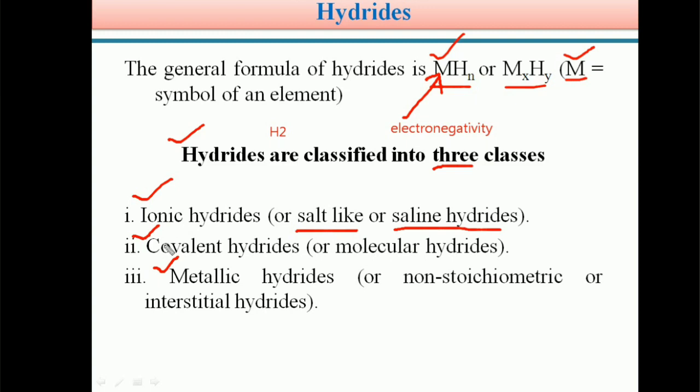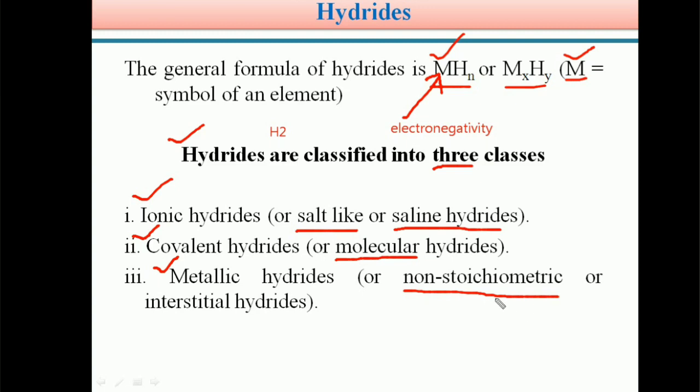Second one is covalent hydrides. Covalent hydrides are also called molecular hydrides. Third type is metallic hydrides. These metallic hydrides are also known as non-stoichiometric hydrides.